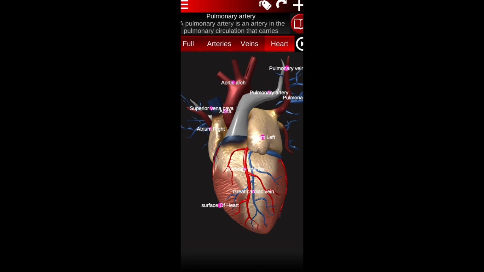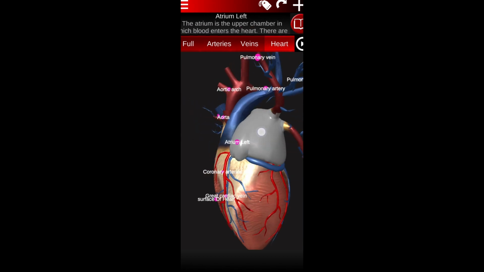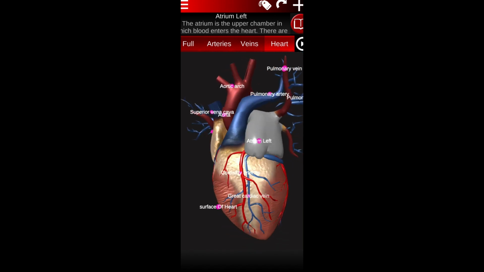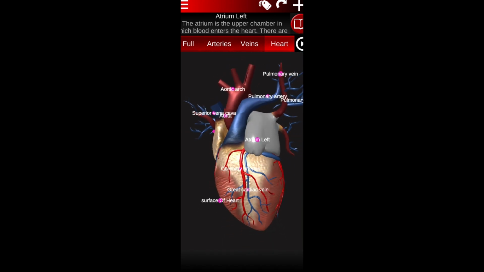The pulmonary artery takes all of the blood from the right ventricle to the lung. Similarly, after purification in the lung, through the pulmonary vein, all the blood comes to the left atrium. You can see that this is the left atrium and this is the pulmonary vein.